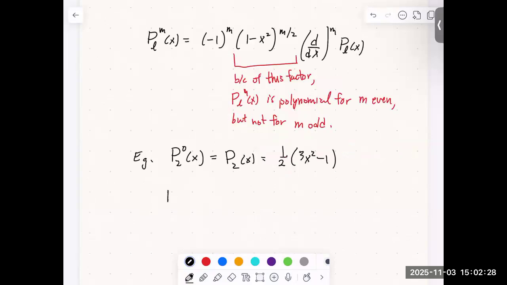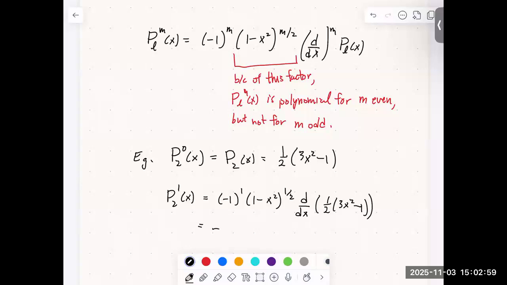So P_2^1 of x, well, let's see, it's going to be (-1) to the 1. And then it's going to be (1 minus x squared) to the 1/2. And that's going to be the first derivative of the second Legendre polynomial, and so that's going to be 1/2 (3x squared minus 1), like so. And then we could actually do this.